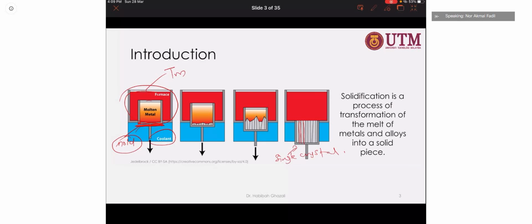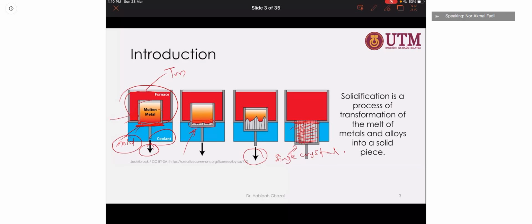After you melt these materials, you bring this mold down to the cooling area, and it starts to solidify. The more you bring it outside the furnace, the more solid will form, until it is 100% removed from the furnace.